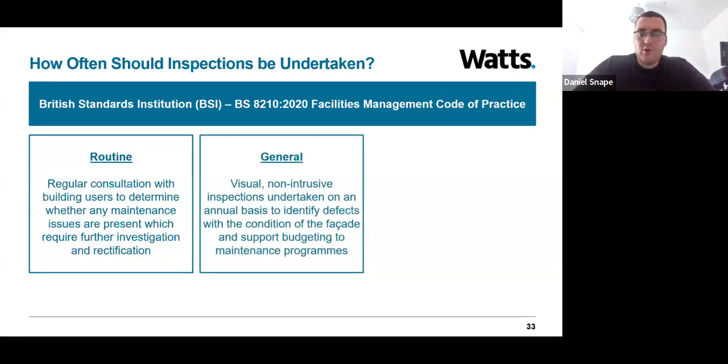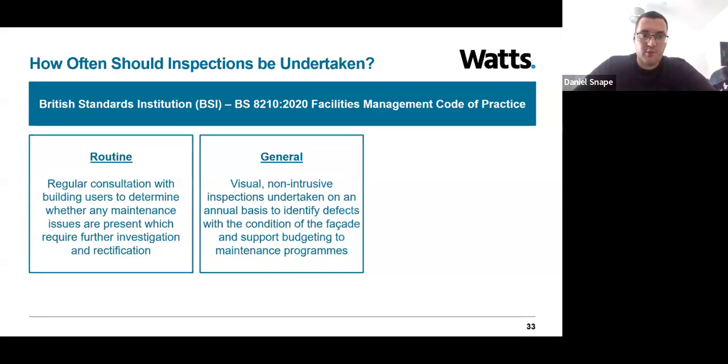Then it summarises what we'd call general inspections. These are typically general, non-intrusive inspections which should be undertaken on an annual basis. This could be part of an annual planned preventative maintenance survey or a general buildings condition assessment.